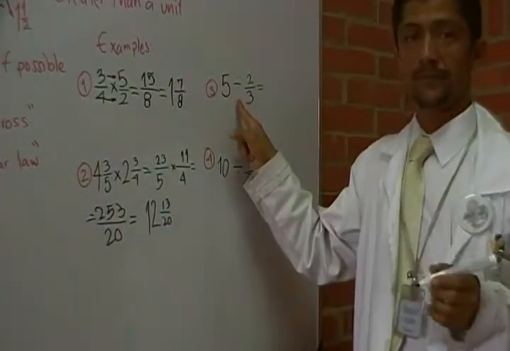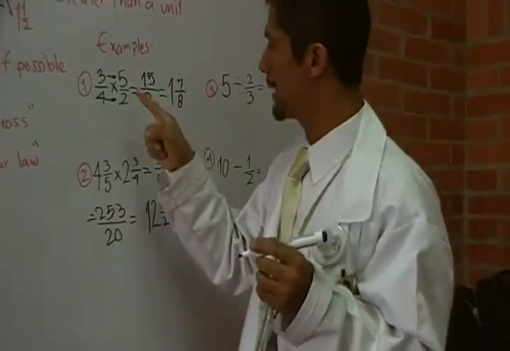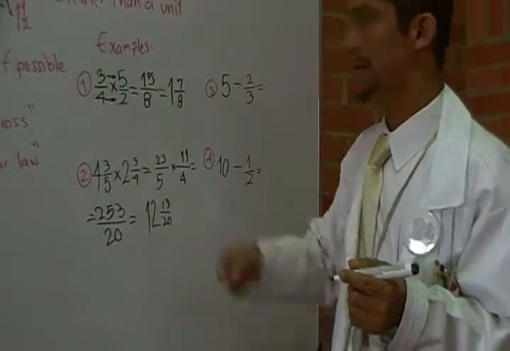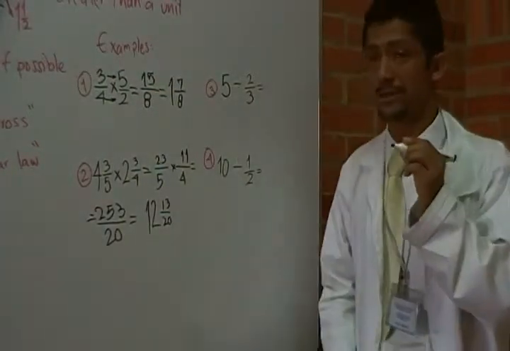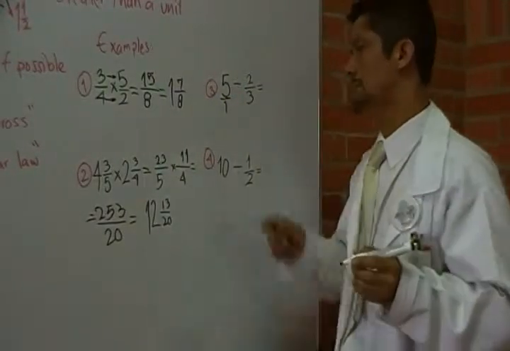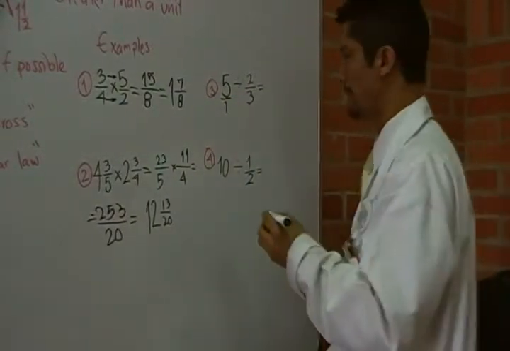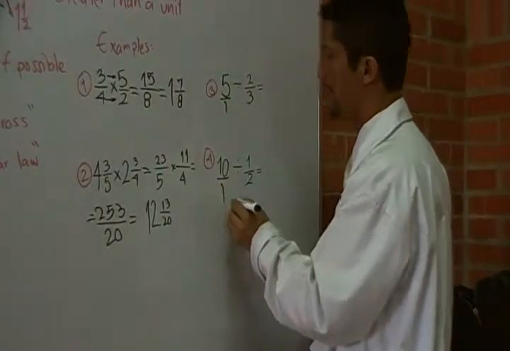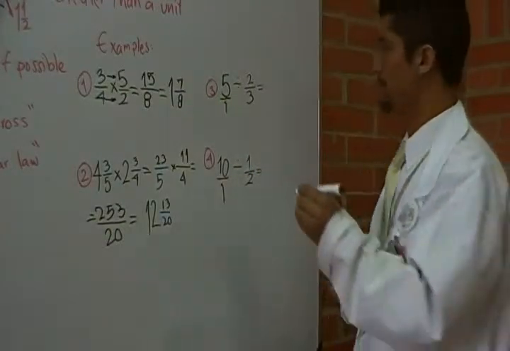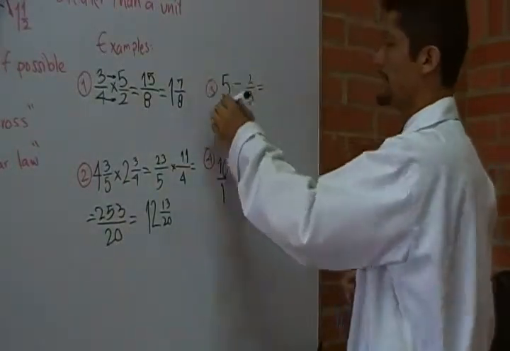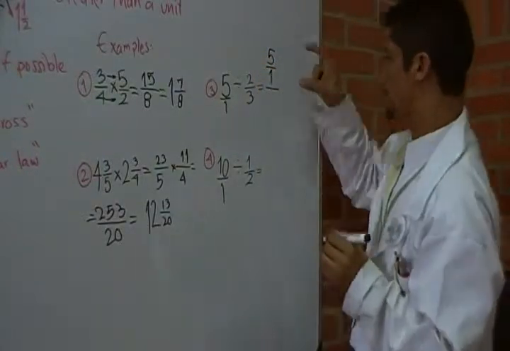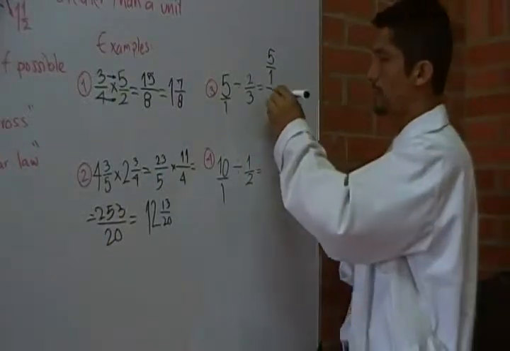Here, division. Very important. Before we start doing any operation, we need to identify what kind of operation that is. In this case, that's multiplication, but in these two cases, we have division. Here, what I have to do is to write 5 as a fraction. The denominator of any whole number is 1, since you can represent 5 as 5 ones. Same here, 10 can be represented as 10 ones in fraction form. Now, this fraction would be the numerator, and the second would be the denominator.